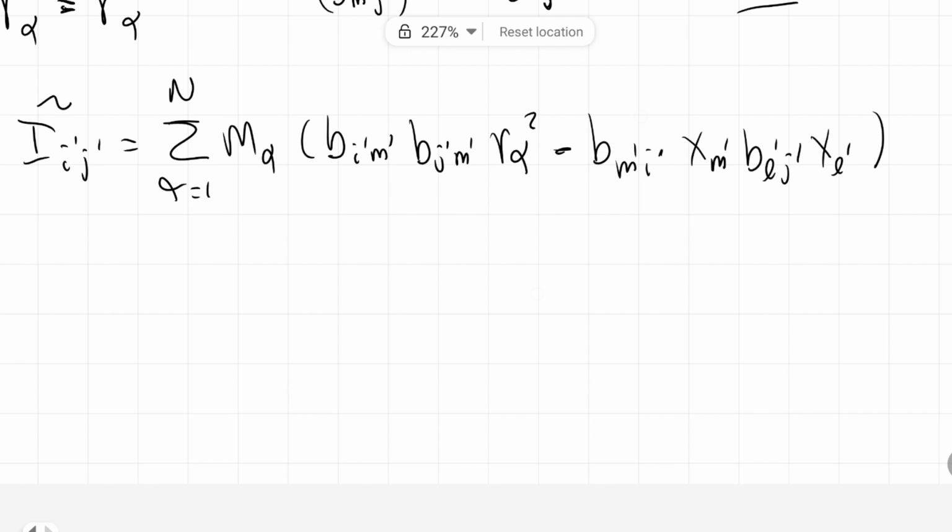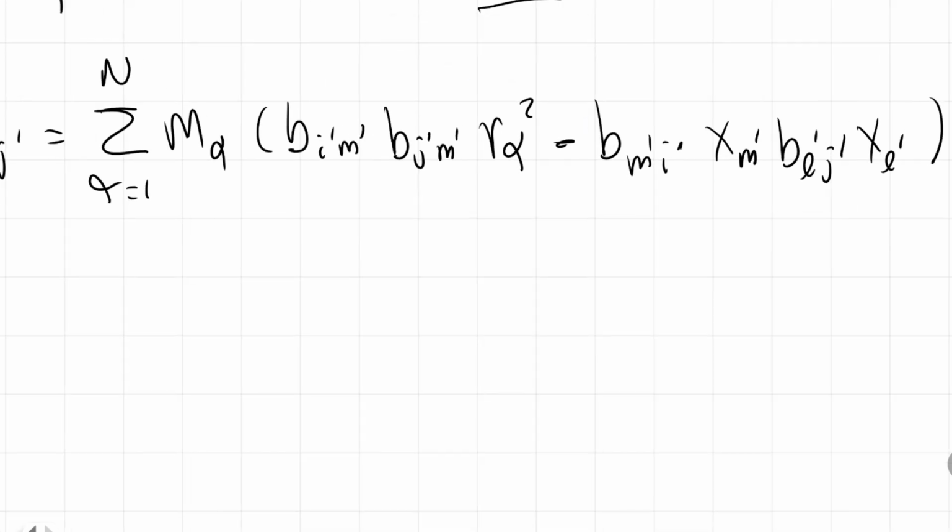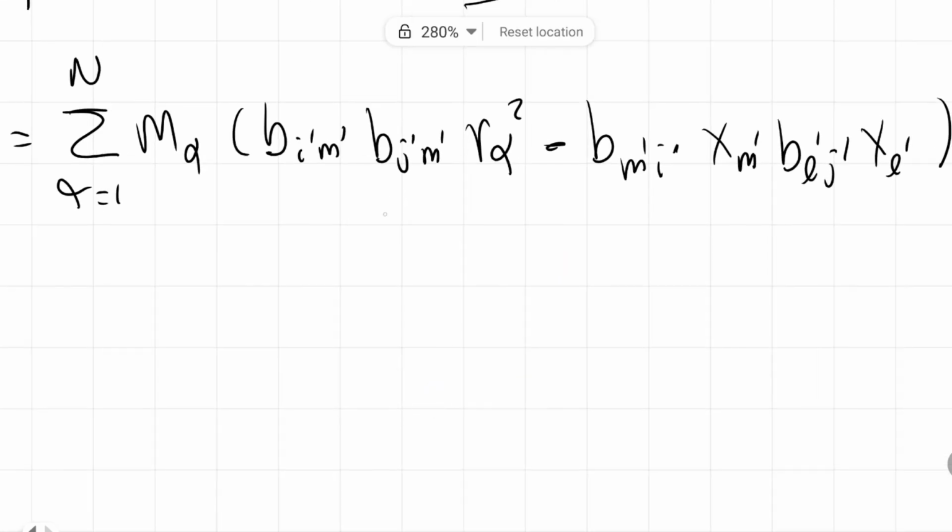Okay, this is what we get for the inertia tensor. So first of all, let's see what happens with this term. This term can be seen as b j prime l prime Kronecker delta l prime m prime, like this.